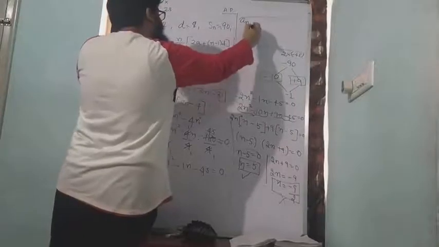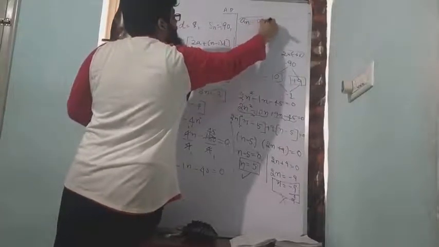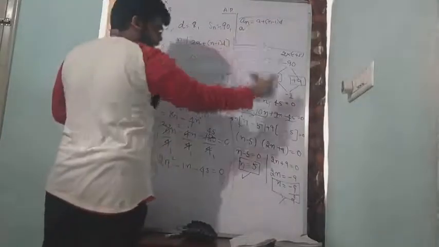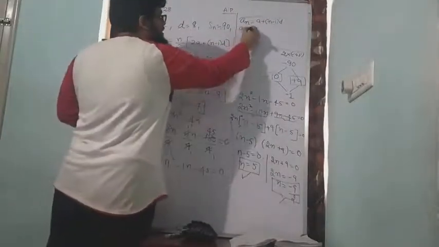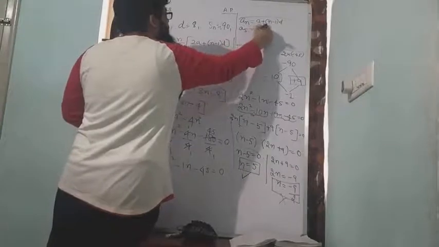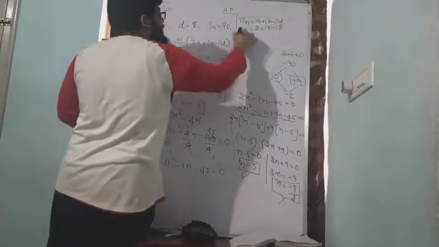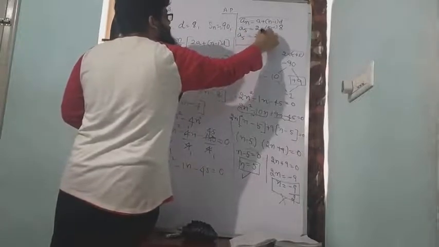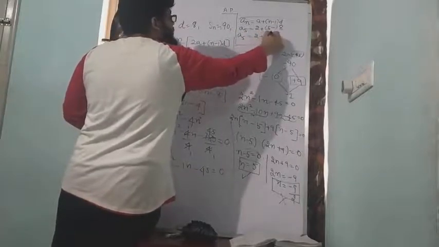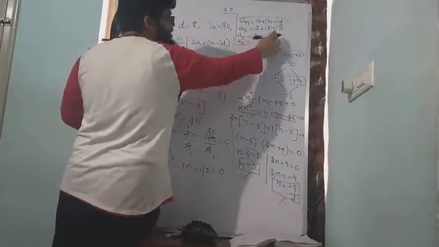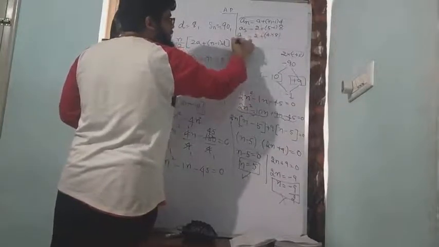Now in place of an, the formula will be a plus n minus 1 into d, correct? n is 5, is equal to a is 2 plus n is 5 minus 1, d is 8. A5 is equal to 2 plus 5 minus 1 is 4 into 8. A5 is equal to, solve this much, multiply 8 into 4, that answer add with 2, you will get the value of A5 also.